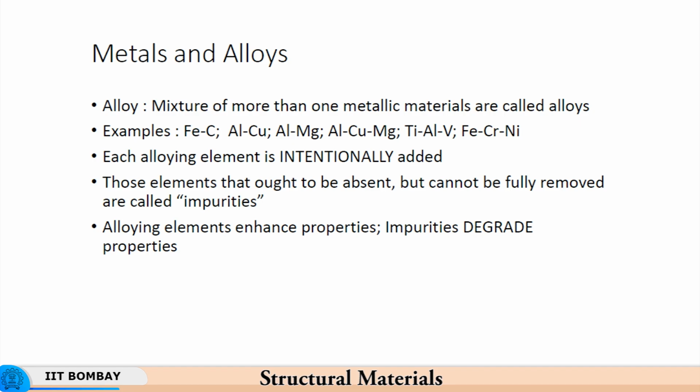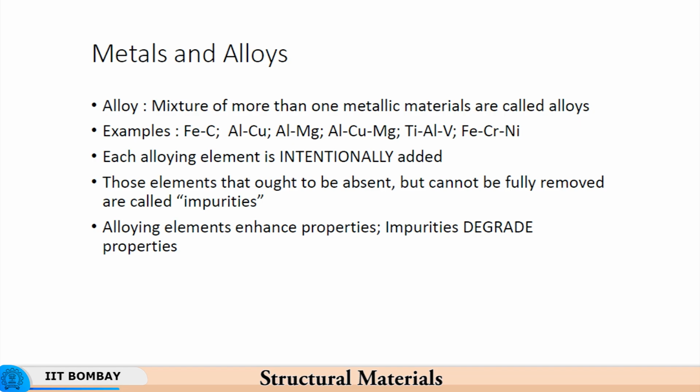So you can add certain alloying elements to take care of these harmful elements so that they are rendered harmless. So everything is not added in order to enhance the properties. The properties of the host material get enhanced indirectly, because some of the elements handle the deleterious effects of many impurities.